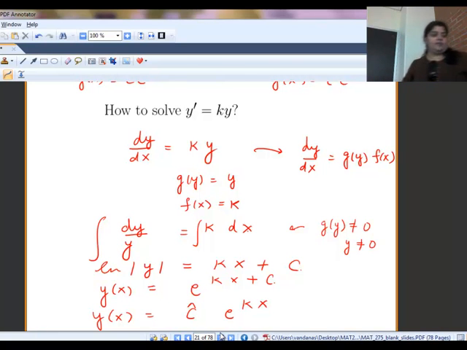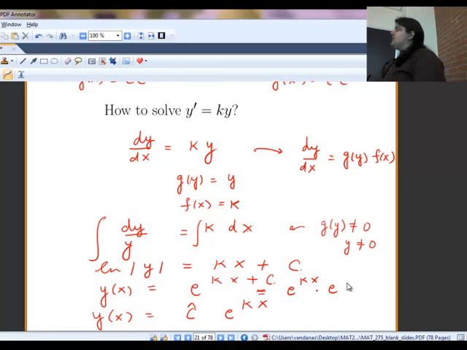Instead of writing the above solution, I rewrite it in this form. This is the same as e to the power kx times e to the power c, right? By the rule of exponents, this e to the power c I merge and name as a new constant c hat. So c hat times e to the power kx will be a family of solutions of this differential equation.